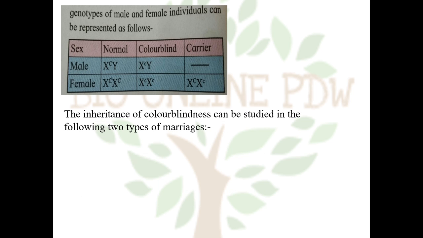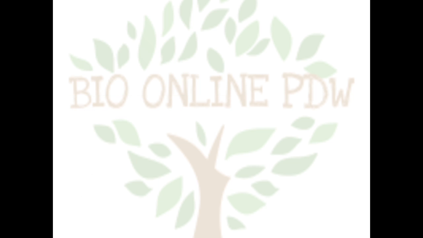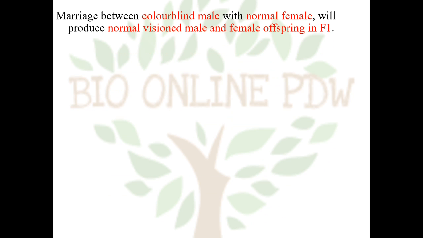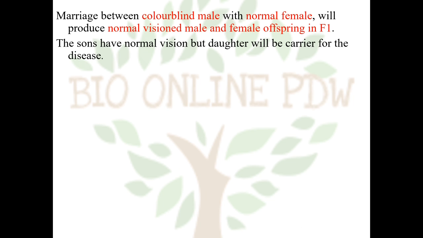The inheritance of color blindness can be studied in the following two types of marriages. Consider the first marriage. It is a marriage between a colorblind male and a normal female, which will produce normal visioned male and female offspring in F1.